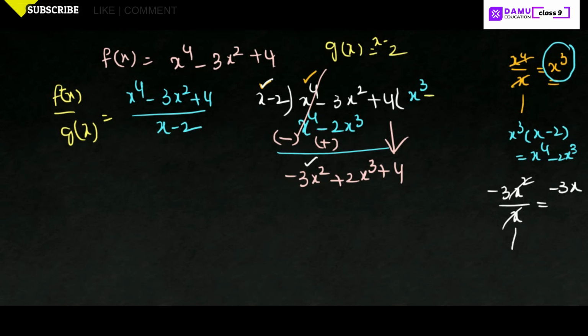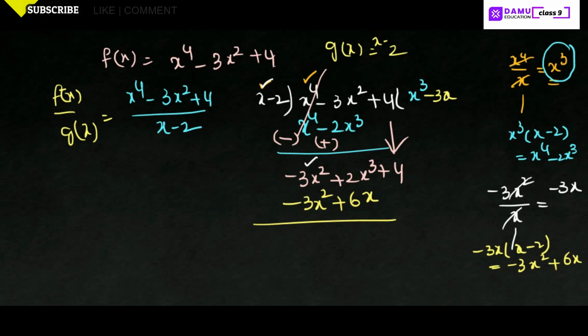Then minus 3x into x minus 2 is minus 3x square plus 6x. So minus 3x square plus 6x.